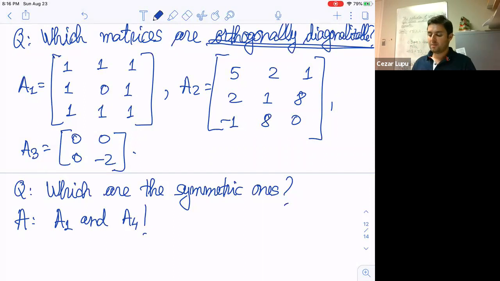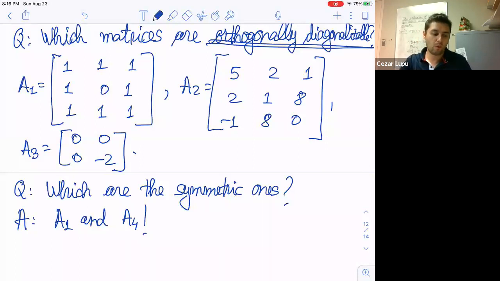These are the symmetric ones. So therefore, these are orthogonally diagonalizable. This is how we see which matrices are orthogonally diagonalizable.